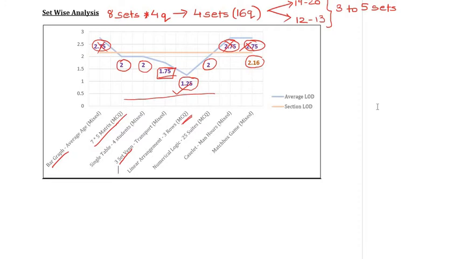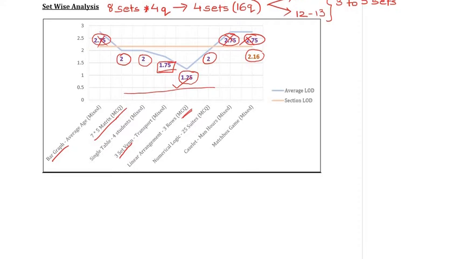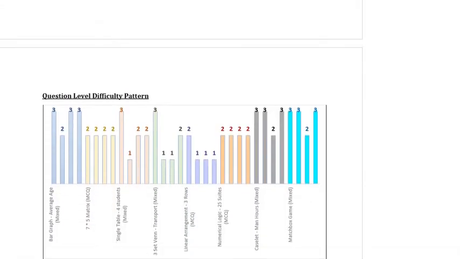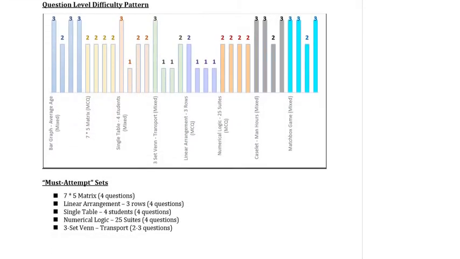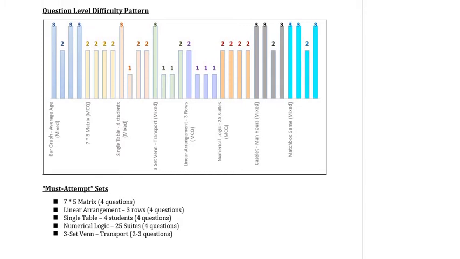Before I go to the sets, let me just show you the same graph that we also saw for verbal, where we look at the difficulty level for each question. So compared to verbal and quant, this graph is not as important here, but it still gives you some important pointers. For instance, when I look at this set on linear arrangement in 3 rows, observe clearly that the trend is 2-1-1.